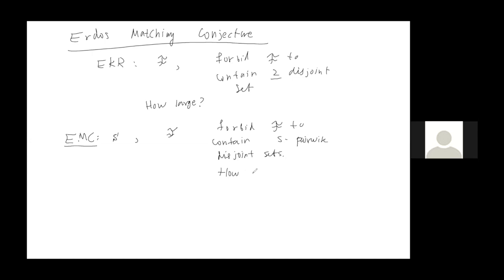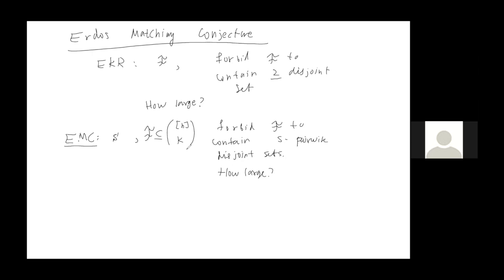How large can it be? And for this question, it makes more sense to look at uniform families, meaning to look at families of subsets of [n] of size k. And then we can ask how large can it be.